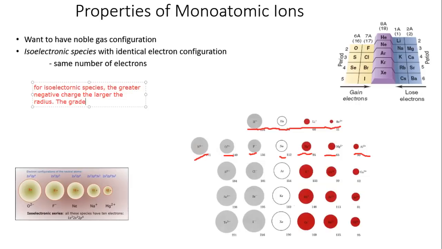The greater the positive charge, the smaller the radius. And this is only for isoelectronic species, so species with the same number of electrons. And there are five common isoelectronic series shown here. So the greater the positive charge, the smaller the radius. The greater the negative charge, the larger the radius.